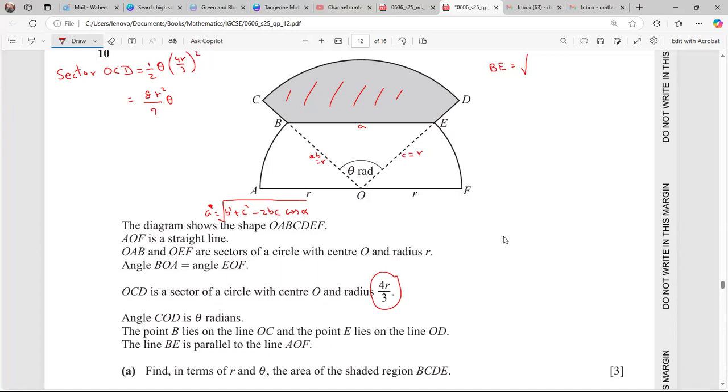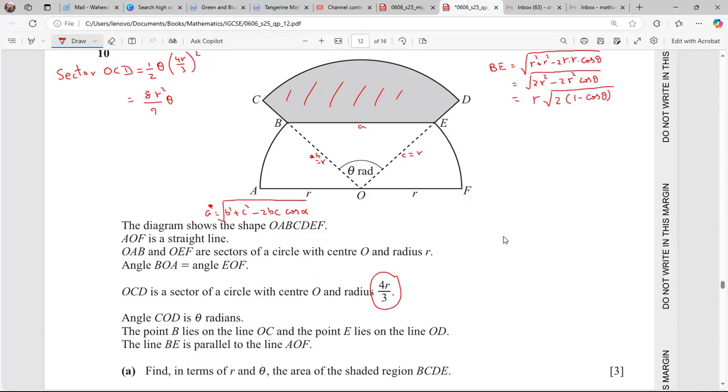It is going to be R square plus R square minus 2R into R into cosine of the angle between them. So this is 2R square minus 2R square cos theta. If I take 2R square common, R is outside, under root 2 into 1 minus cos theta. So this is my BE length.